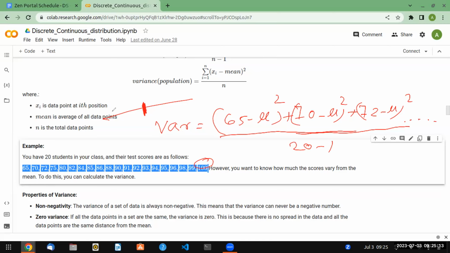Suppose these are the scores here. I think the mean will fall somewhere around 90 to 92. I'm not sure, I have to calculate. Now 90 to 92 is your mean value. What other values do we have? 65 to 100.